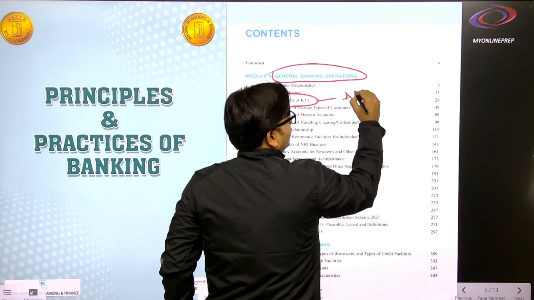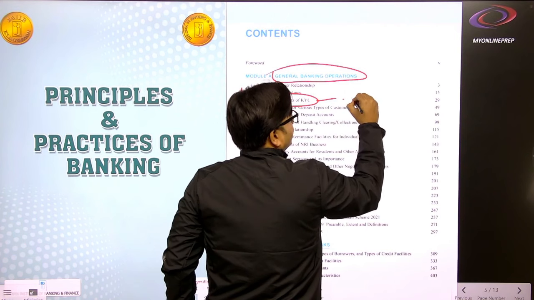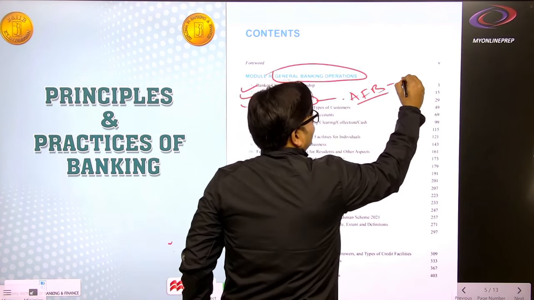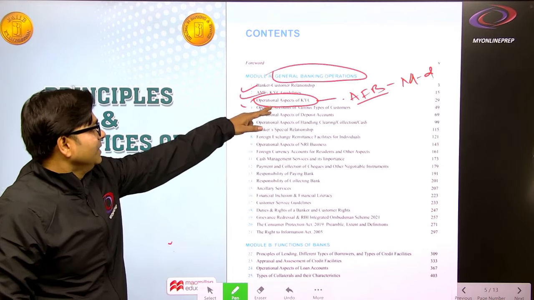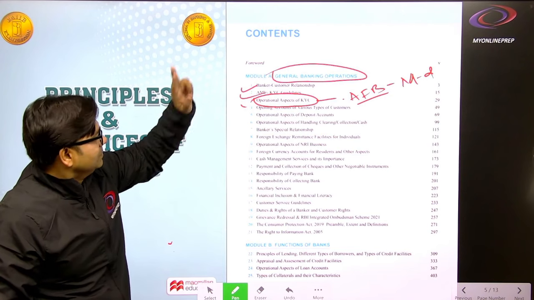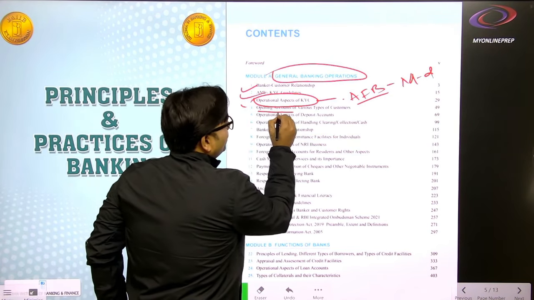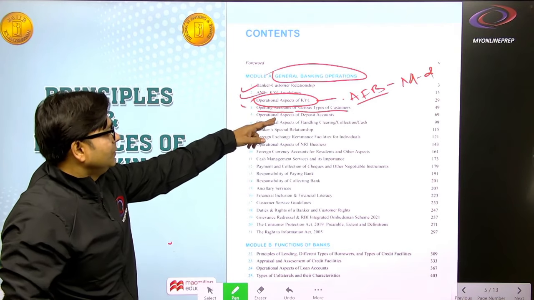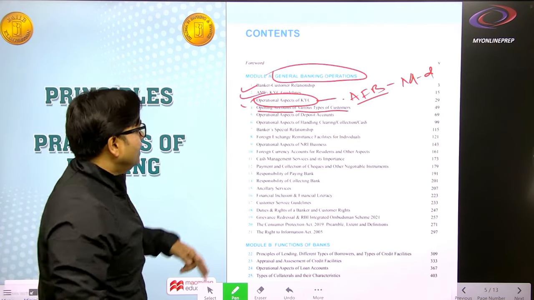Here, accounting and finance for bankers, AFB, module D. This particular topic has been inserted from module D. Now operation of opening account of various type of customer, if you remember, this was one of the topics from module B of PPB.